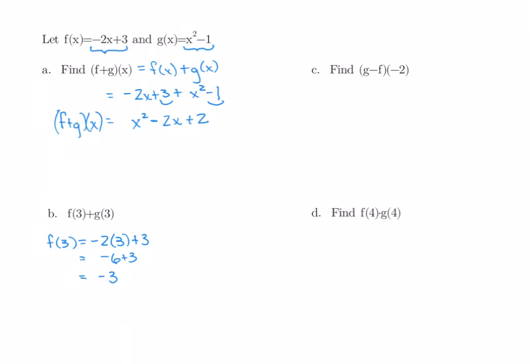The second half is to find g of 3. Same thing in my g of x function, I'm going to replace all my x's with 3's. So we get 3 squared minus 1. We get 9 minus 1, which is equal to 8. This is my g of 3.